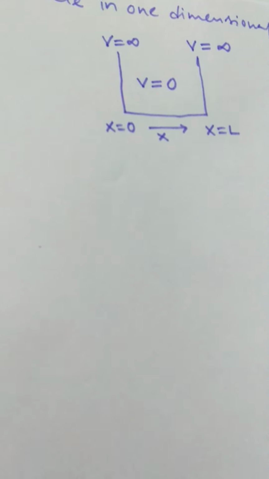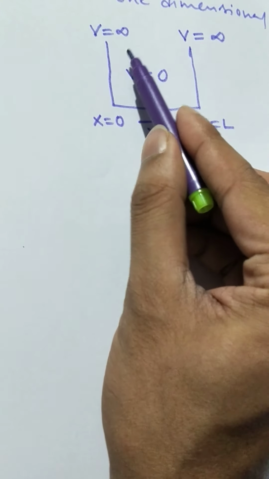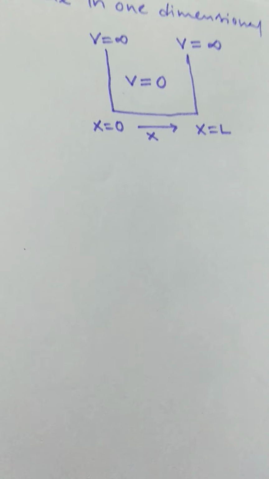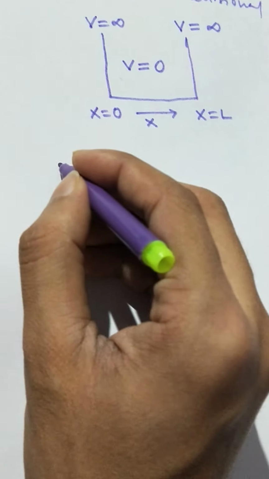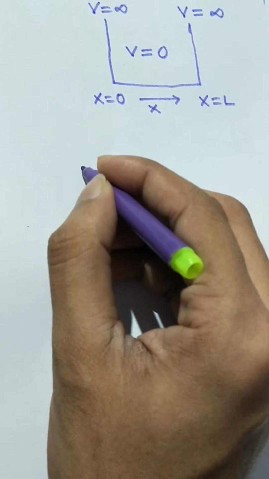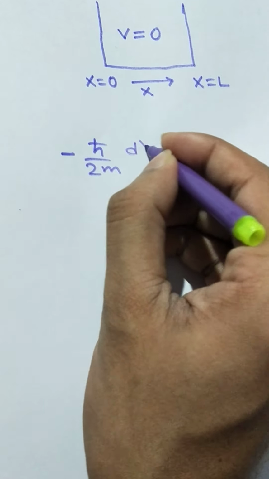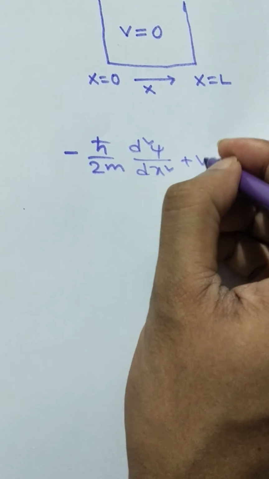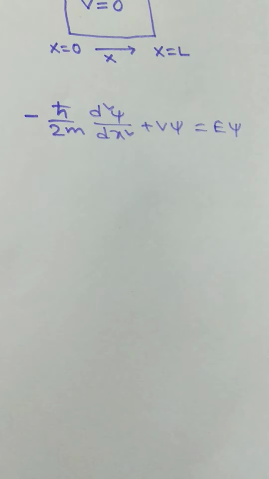This is a special case where inside the box the potential energy is equal to 0. So now minus h cut square by 2m d2 psi by dx2 plus V psi equals E psi. This is the Schrodinger equation.